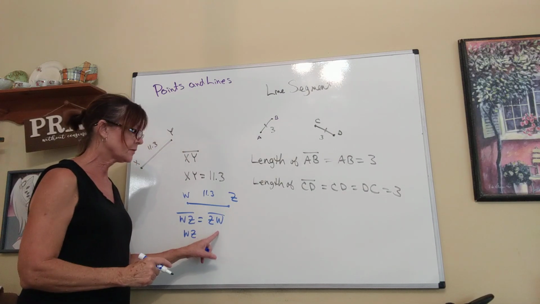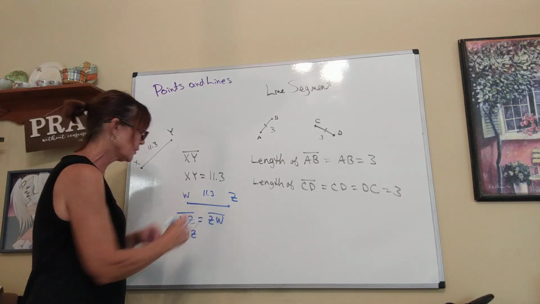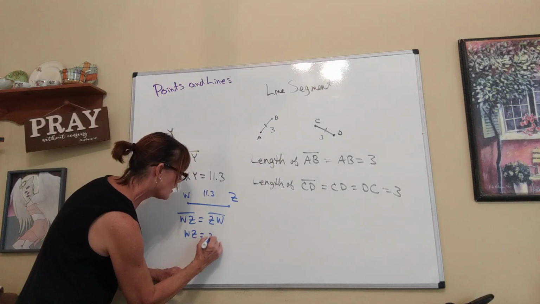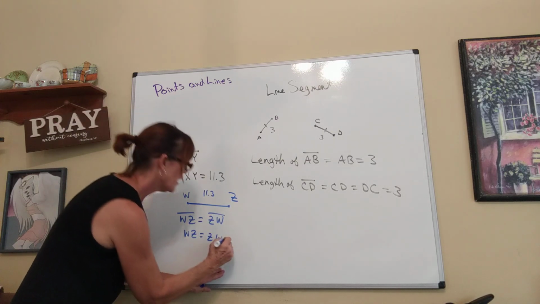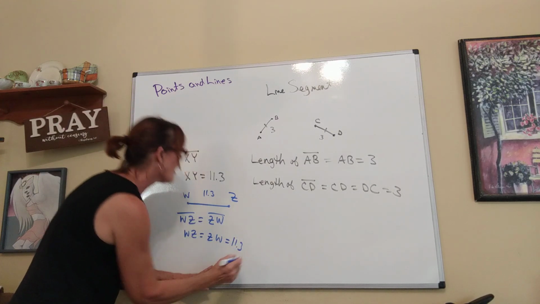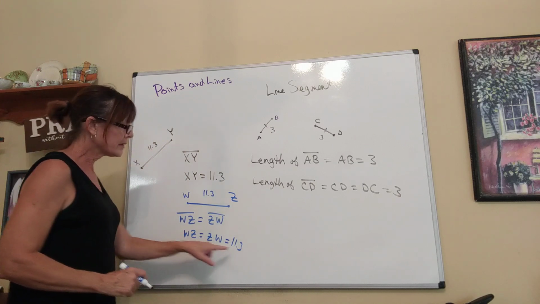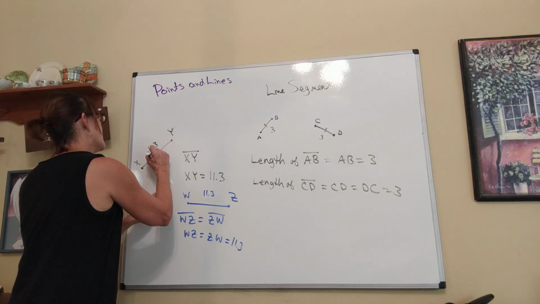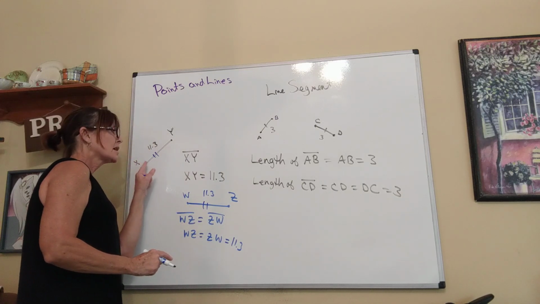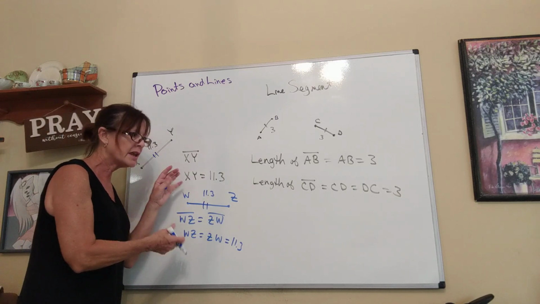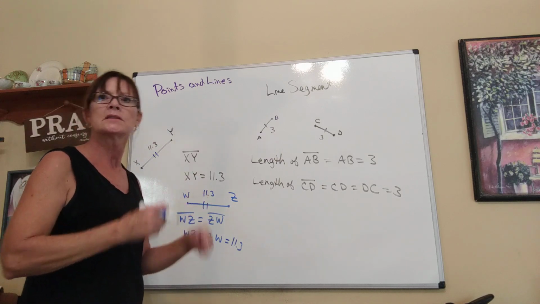That means the line segment from Z to W, talking about the same little piece. Or we could call this WZ without anything on top, and that means the length of it, how long it is. If we decide that that's 11.3, then we're like, oh, hey, you are the same length as you, and I'm going to put the same number of hash marks through each. So when I see that, I know that these are equal in length. That is a little symbolism that we use there.